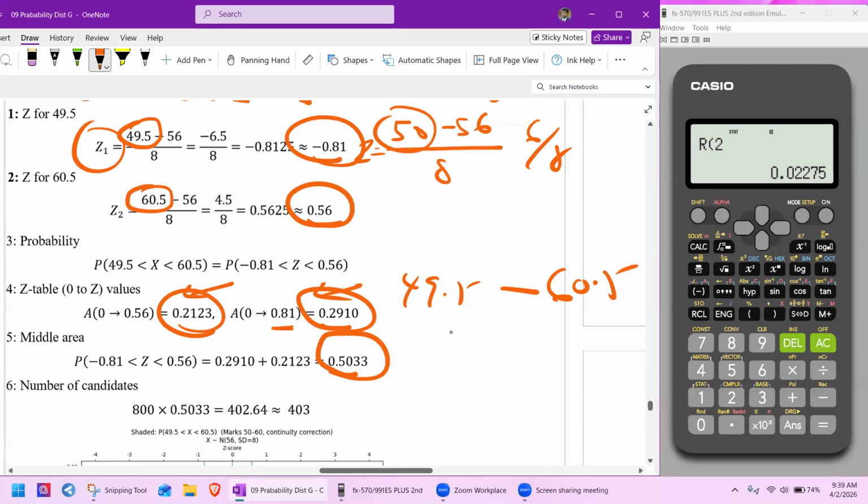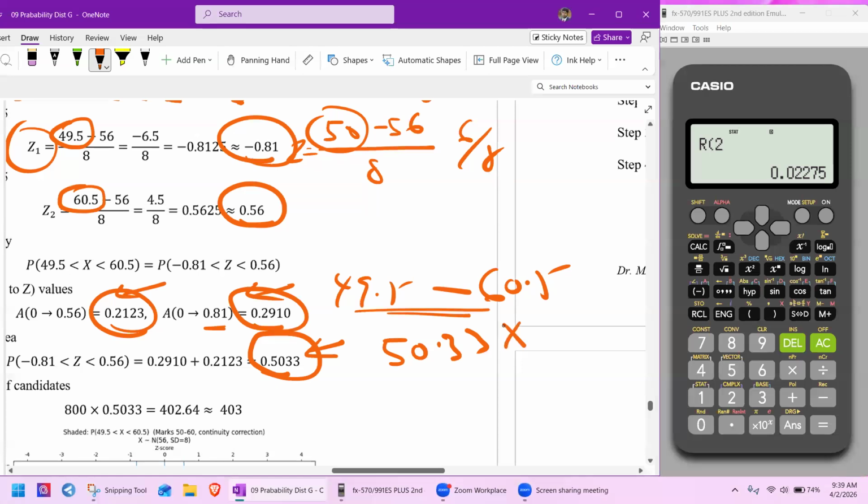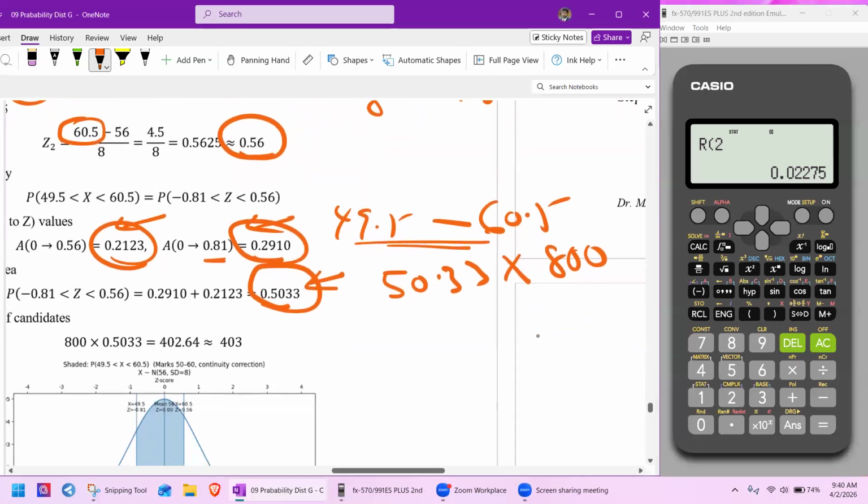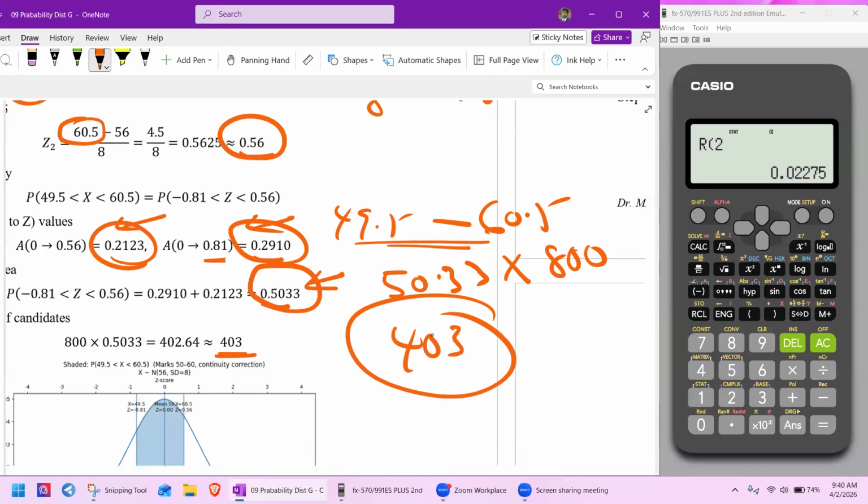We know the probability of getting marks in this range is 50.33%, and the number of students is 800. Therefore we can find that about 403 students may get marks in this range based on the probability.